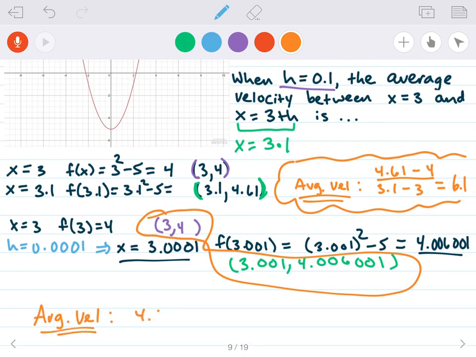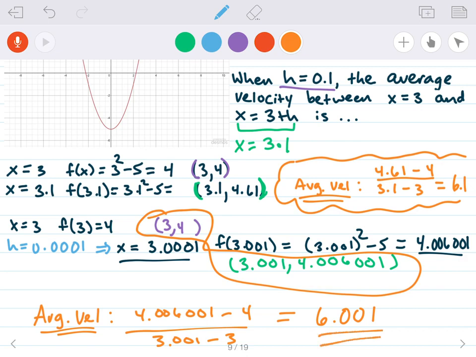Okay, y minus y over x minus x. Let's see what the calculator gives us here. Okay, I get 6.001. So as h goes to 0, what do you think the velocity is going to?